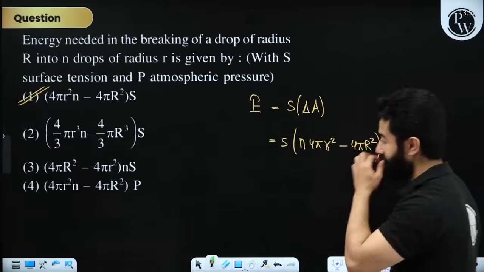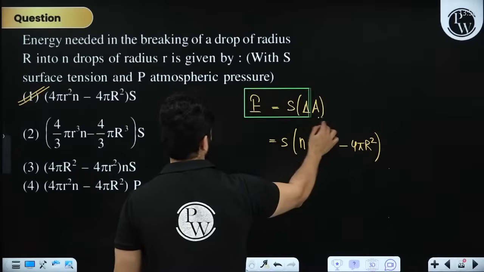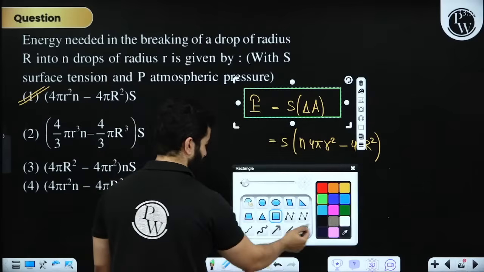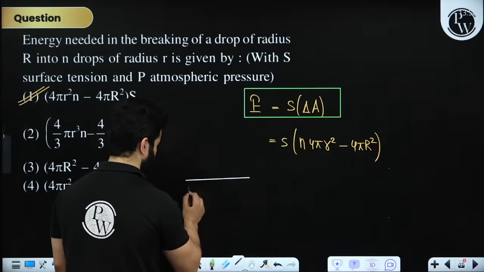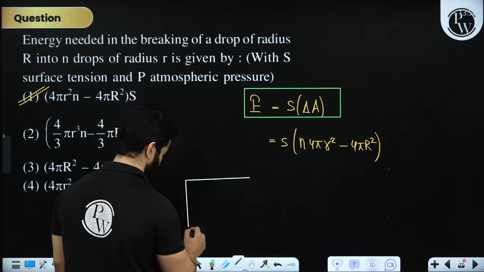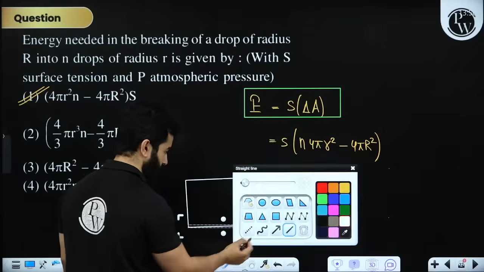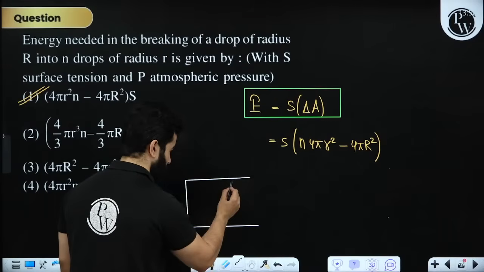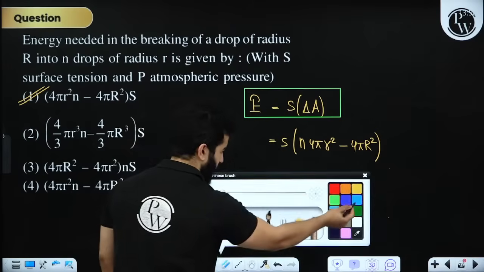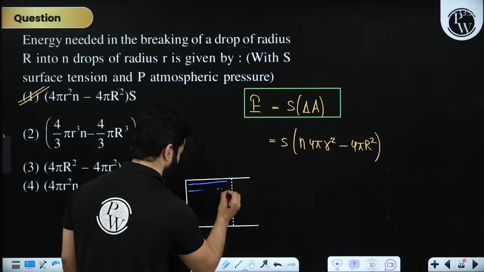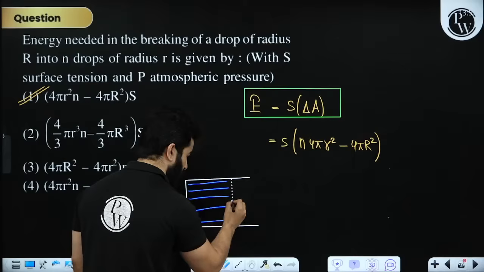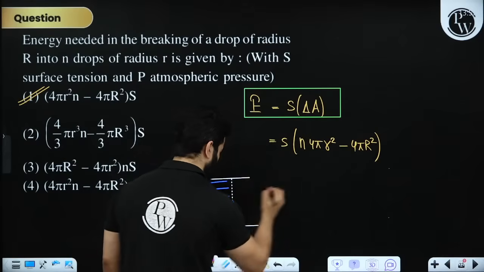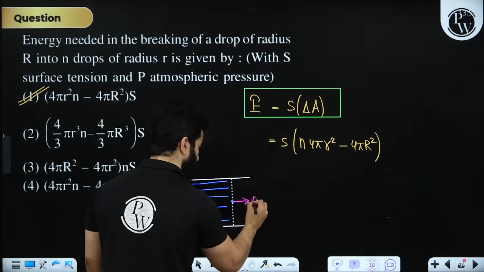Okay, this one. See what happens over here is that you might have read this. Whenever you will increase the surface area, okay? Please understand the concept. Let me explain the concept. That's why I am here. You will ask, I'll always explain. Let's suppose we have got a film over here and we have got a movable rod and we are applying a force in this direction. So what does surface tension want?